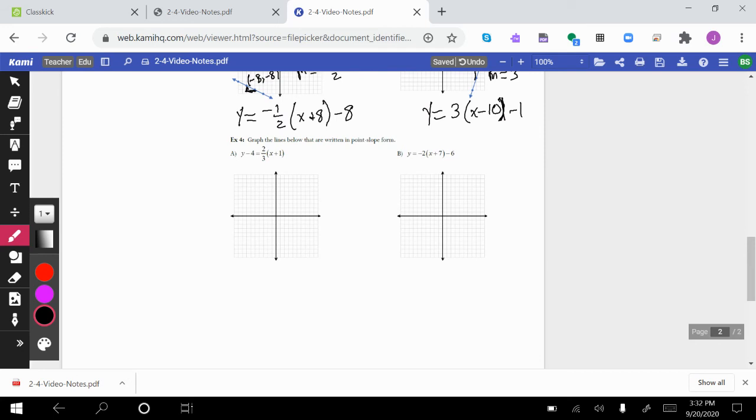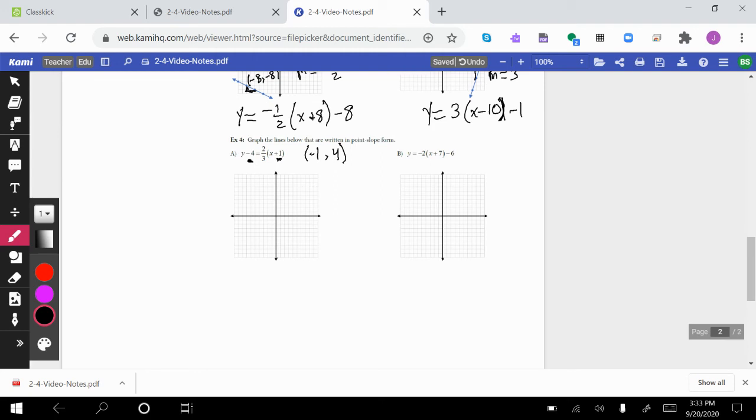And next, we're going to take it one step further, and we're going to plot a line based on the equation that's written in point slope form, right? So if we look at our equation, we know our y value is going to be +4, and we know our x value is going to be -1, okay?